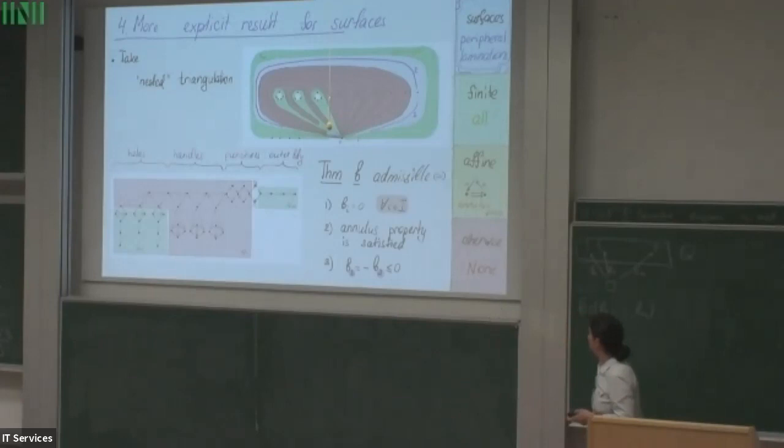translate as follows. So the vector will be admissible if it does not connect to the red part of the quiver at all. It can connect to the green part of the quiver, but it should respect the anomalous property for this part. And this part is responsible for these inner boundaries.